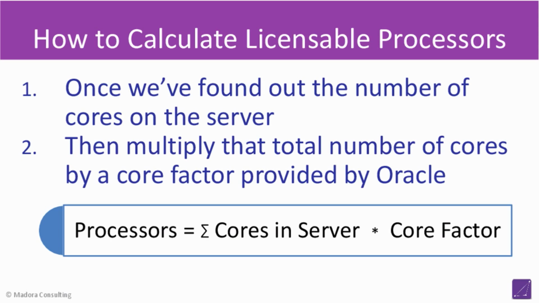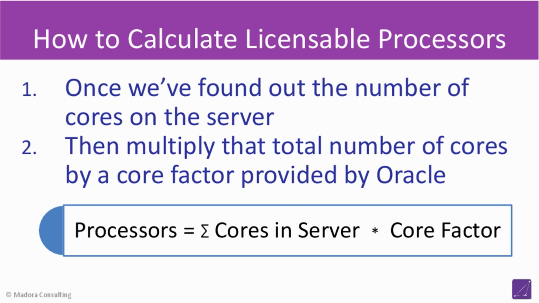So all the details are in the Oracle Processor Core Factor table, and that's available on the website to be downloaded. It's regularly updated when new chips are introduced. But as you can see, our 2 dual core server can have a license requirement of anything from 1 to 4, depending on what type of server it is.